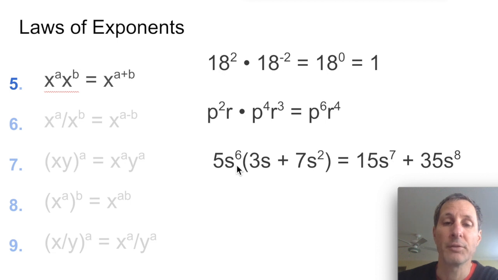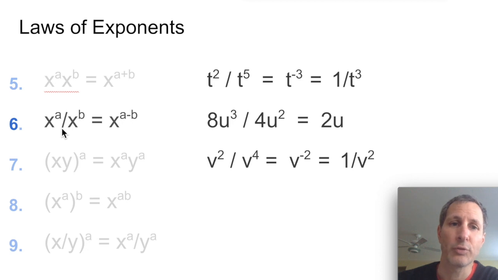And when we multiply the second term, 5s to the 6th times 7s to the 2, we multiply the constants. 5 times 7 is 35. And then we raise s to the 6 plus 2 power, which gives us s to the 8th power. When we're multiplying constants and exponents, we multiply the constants and we add the exponents.